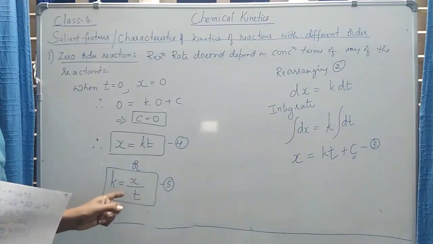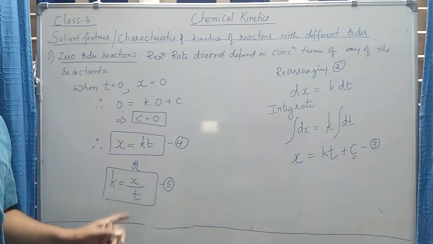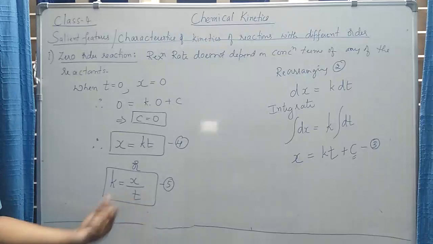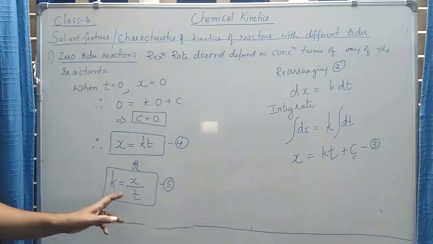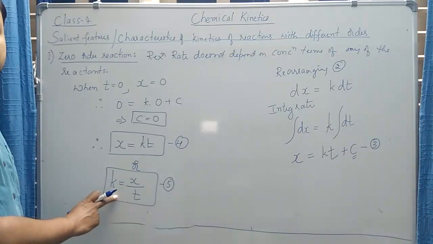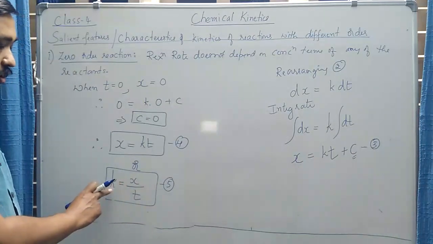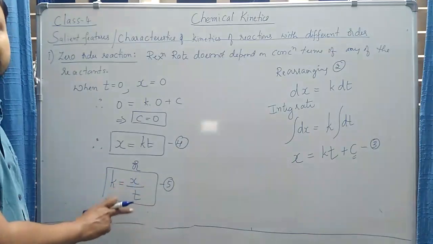This is the well known form. The rate constant of a zeroth order reaction is equal to x divided by time t. Now let us find out what is the unit of rate constant k. Since according to this equation rate constant is equal to a concentration term divided by time.